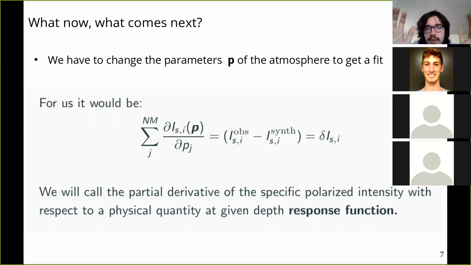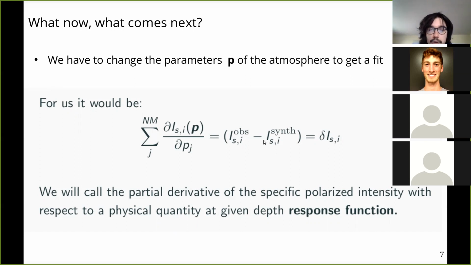We now know there is no such thing as a true model atmosphere, and even if there is, we can't know it. What we can know is the most probable model atmosphere given our model, by which I mean generative model, given the physics that we chose.